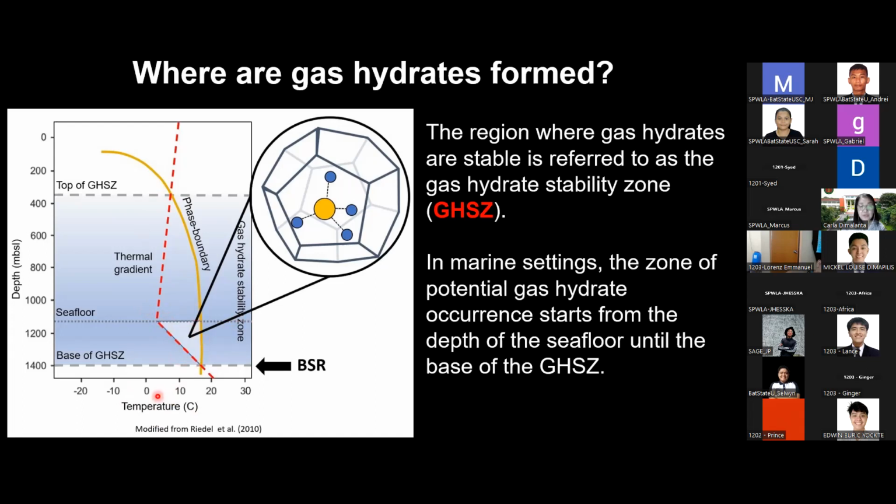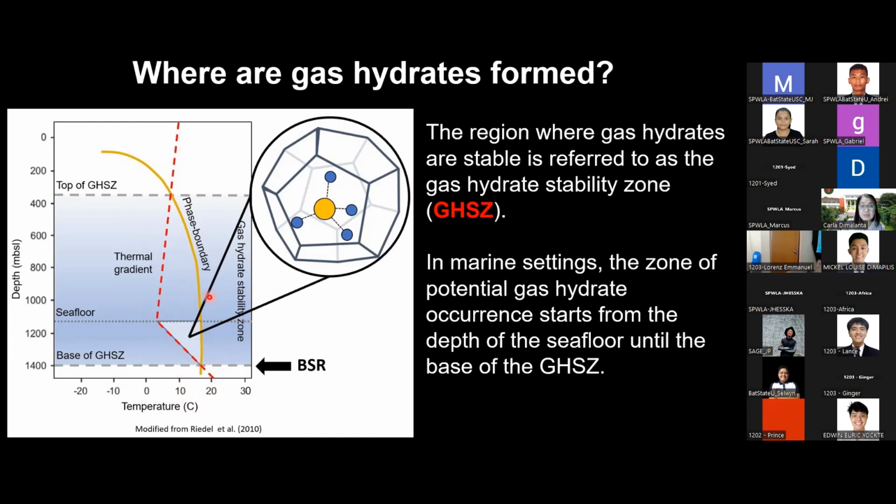Here you can see that the temperatures are not really very high. They're just between around 0 and 20 degrees centigrade. So what we need to see is the pressure conditions, and that will also be dictated by the depth at which the gas hydrates form.